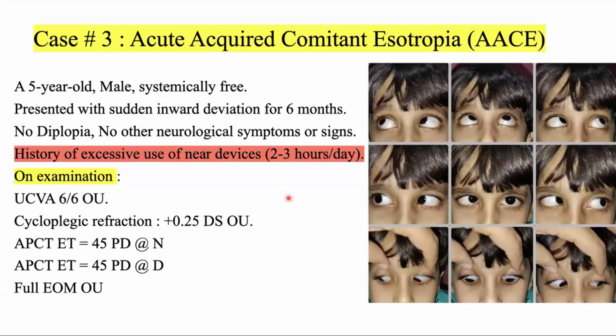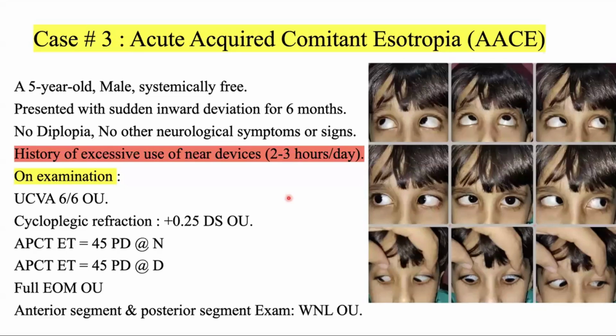So to know the difference between acute acquired comitant esotropia and paralytic or 6th nerve paresis or palsy, a patient with 6th nerve palsy or paresis will present with limitation of abduction. Usually the angle of deviation at distance will be more than the angle of deviation at near. Anterior, posterior segment, everything is normal.